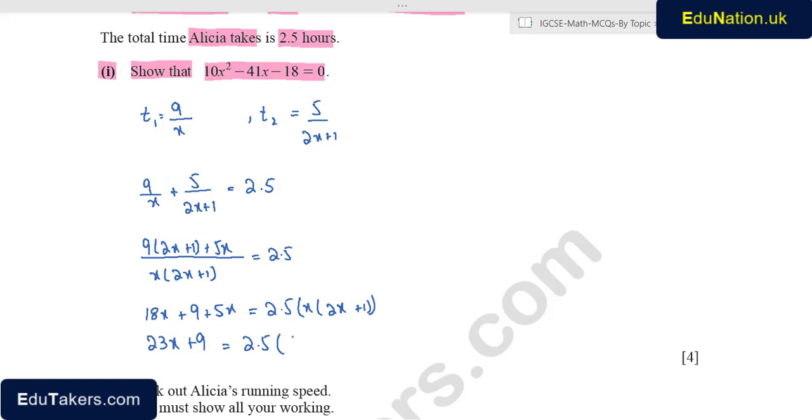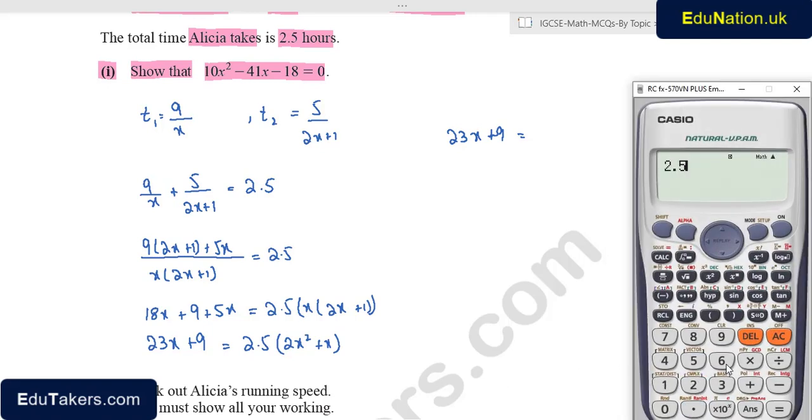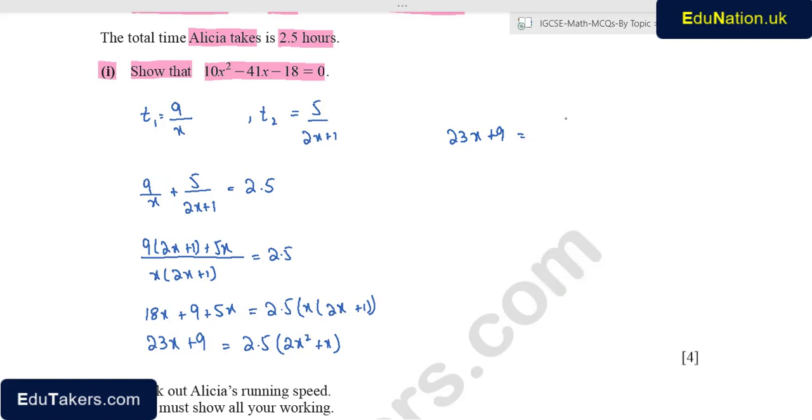Expanding this bracket, this will be 2x squared plus x. Now 23x plus 9 is equal to, multiplying by 2.5, so 2.5 times 2 is 5x squared plus 2.5x. 5x squared plus 2.5x, minus 23x minus 9 is equal to 0.